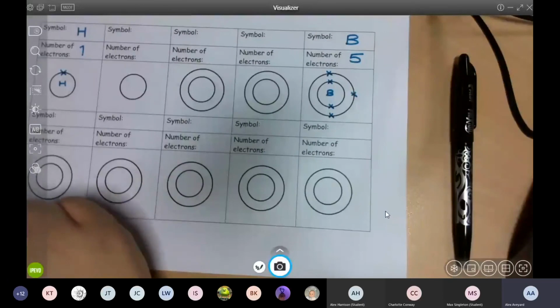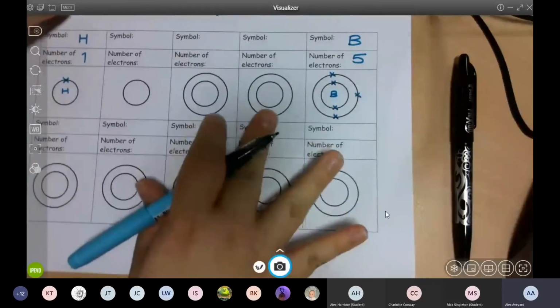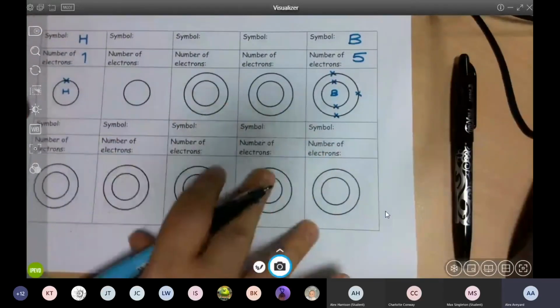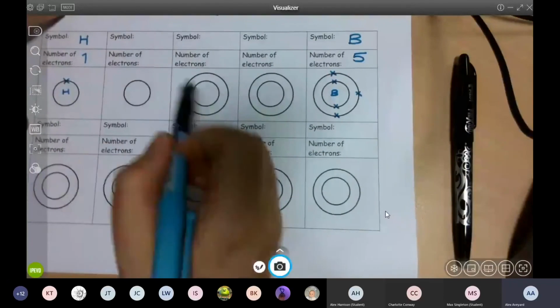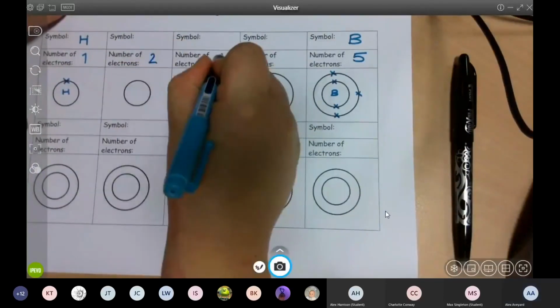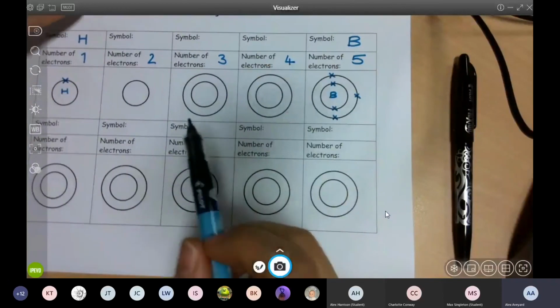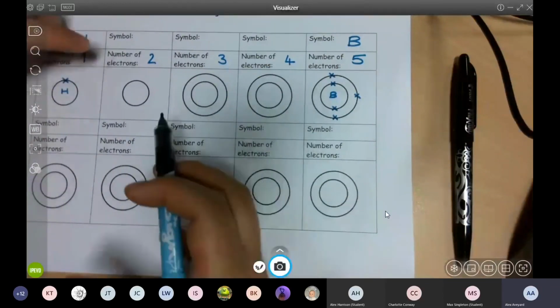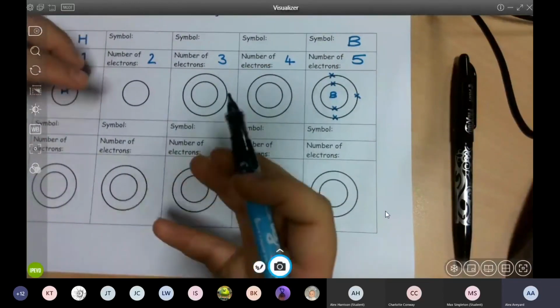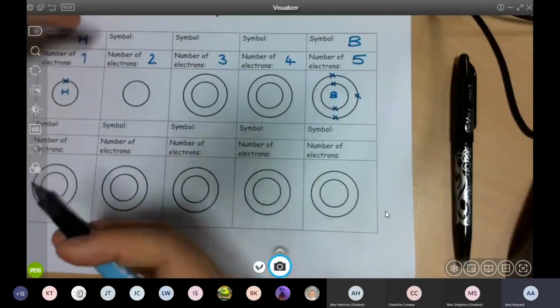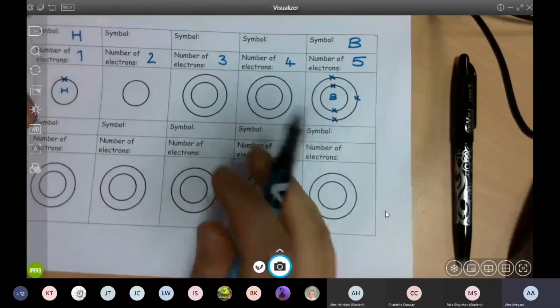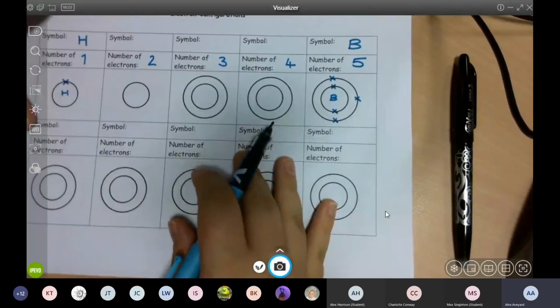Okay. So what I'm going to ask for you to do is to finish completing this. Note that it goes up in number of electrons. 2, 3, 4. Remember how many electrons you can fit on each shell. So the first shell can only fit 2, the second shell can fit 8, the third shell can fit 8. And then the last shell, it doesn't matter because we only go up to calcium.